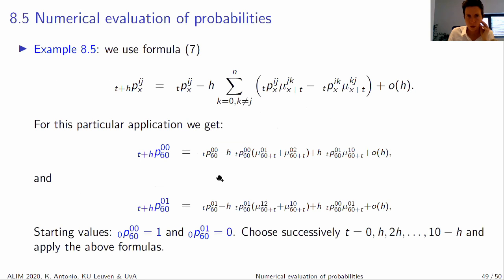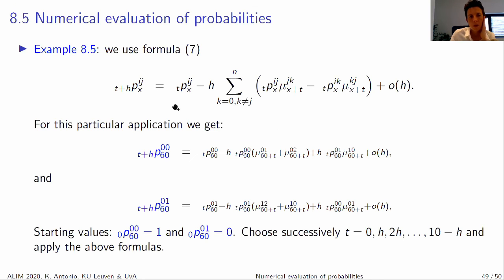Okay. So what I will have to do now is I will have to rely on my Kolmogorov forward equations. So I'm going to start with my differential equations as we derived them in this last part of today's class.